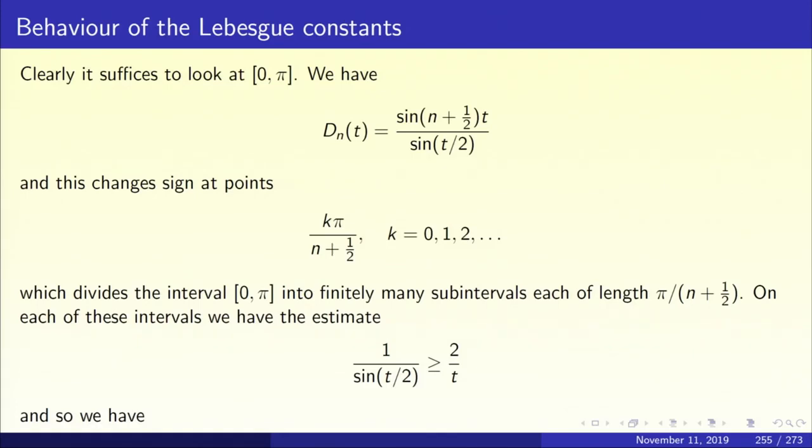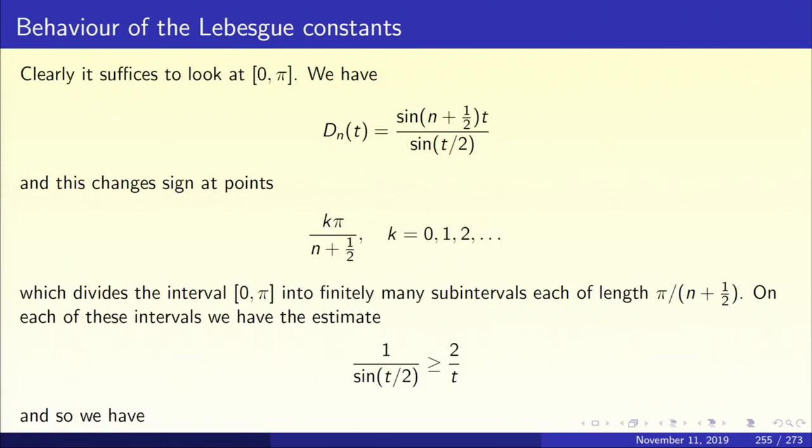Remember that t runs from 0 to pi, so t by 2 will run from 0 to pi by 2. So sin t by 2 in the denominator is going to be positive. So the denominator doesn't change sign, the numerator changes sign at k pi by n plus half, k a natural number, and these points at which dn(t) flips sign subdivide the interval 0 to pi into subintervals, each of length pi by n plus half.